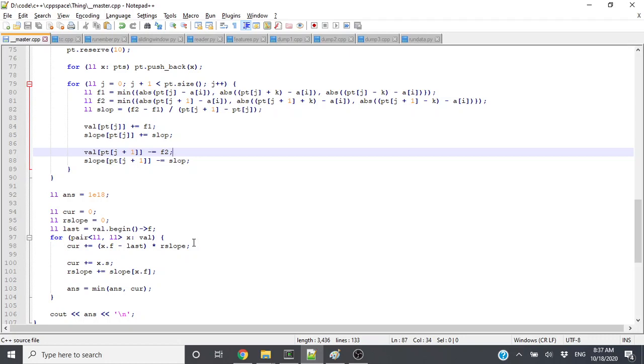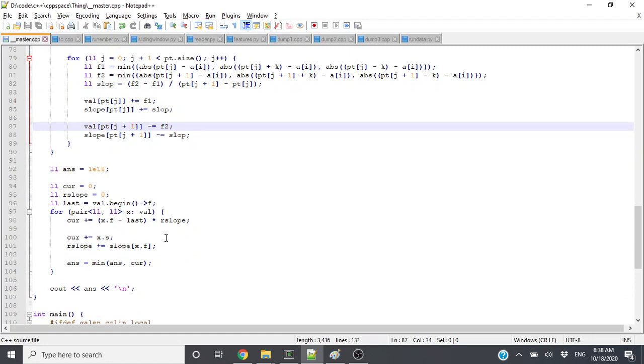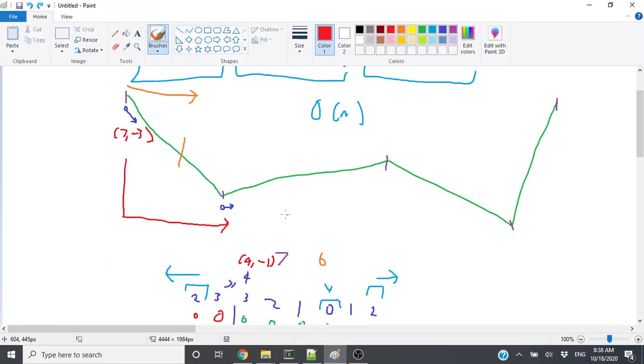Let me just continue. For each thing, we apply the slope to it. X dot first, which is this, b, and then a, and then the answer is b minus a times m, where m is the slope, because it'll just go down that much.